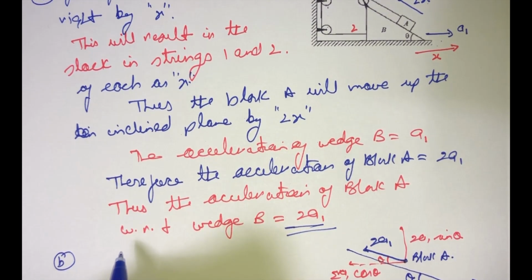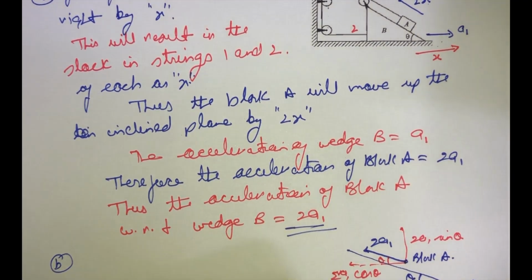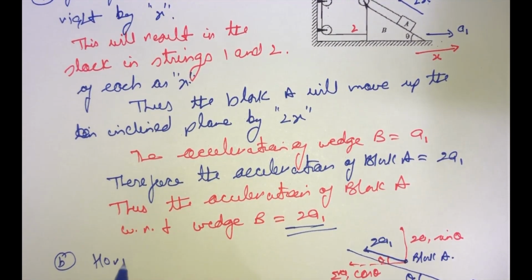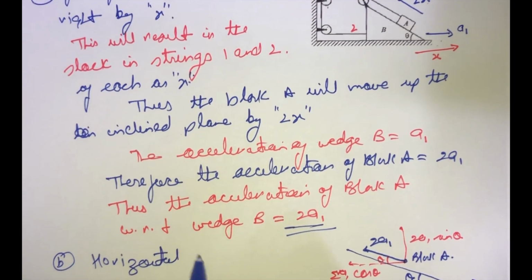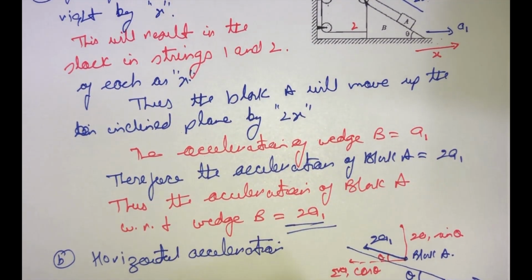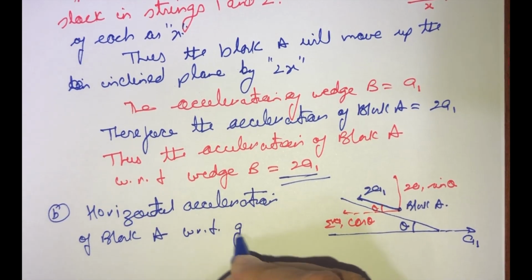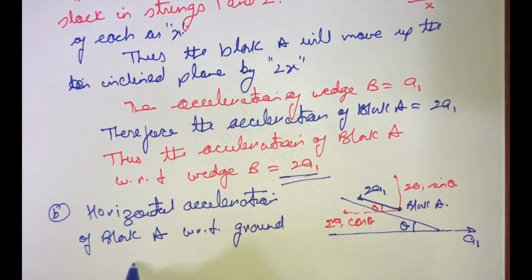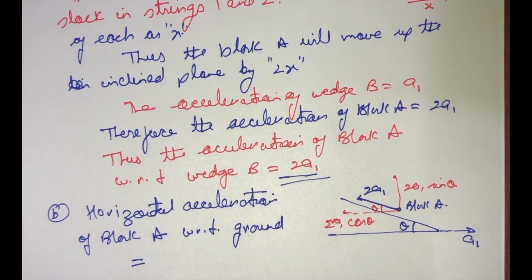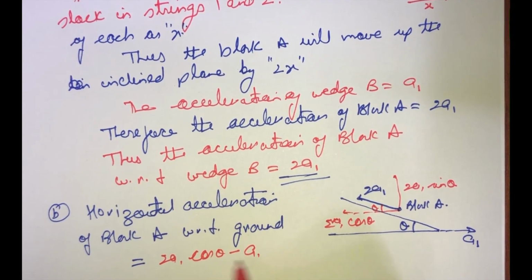The horizontal acceleration of block A with respect to ground will be given as twice A1 cos of theta minus A1.